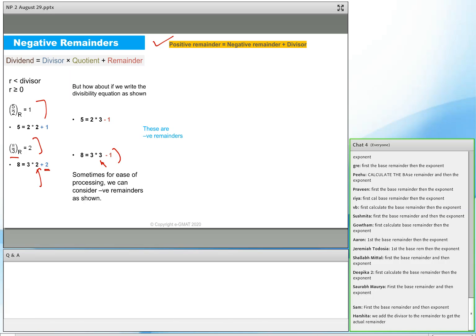The positive remainder is equal to the negative remainder plus the divisor. So to calculate the negative remainder, you simply do what? You have the positive remainder. You simply subtract the divisor from the positive remainder to get the negative remainder. Right? Negative remainders make our lives very, very easy.